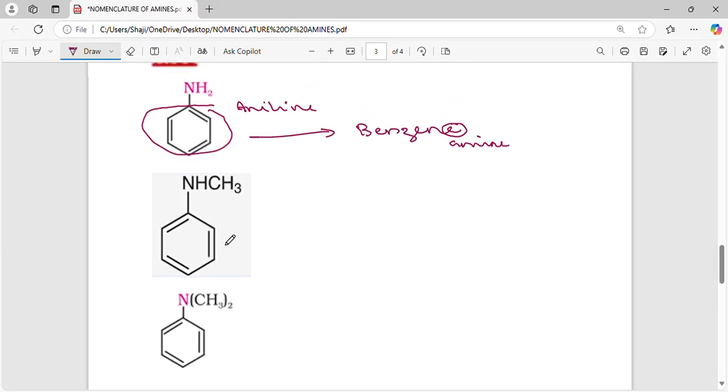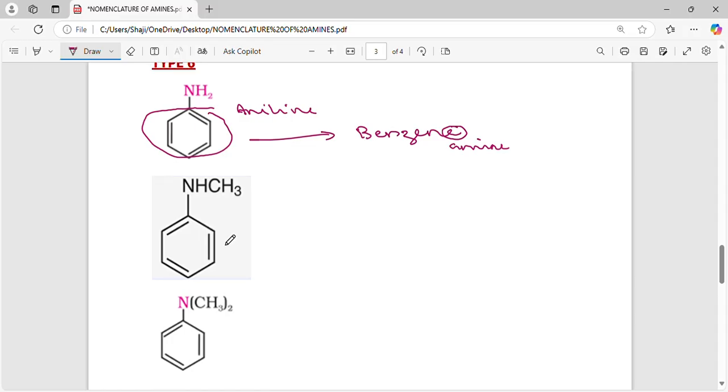In that itself, different types are there. Like benzenamine, where benzene is attached with NH2, but in that NH2, one hydrogen is replaced by CH3. So this is the derivative. This second compound is a derivative of the first compound. In that, a methyl group is attached with nitrogen. As I told you before, when methyl is attached with nitrogen, we need to mention nitrogen first, then methyl, N-methyl. Then the IUPAC name is benzenamine.